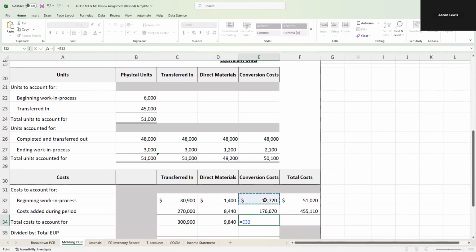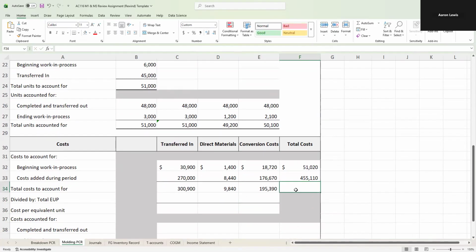We're going to need to account for a total of $195,390 of conversion costs, and add those three numbers together, the transferred in costs, the material costs, and the conversion costs, and you get $506,130. That is the total amount of cost that we've got to figure out how we're going to split up between the units that we transfer out to finished goods and the 3,000 units here that are still hanging out in our ending WIP in the molding department.